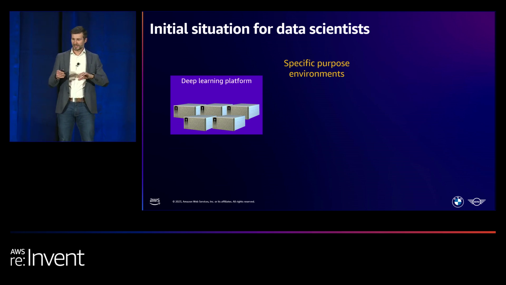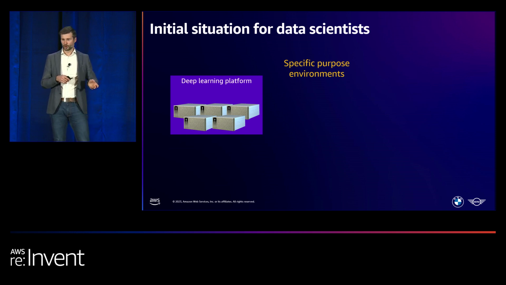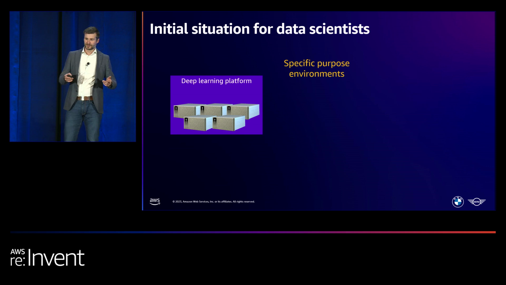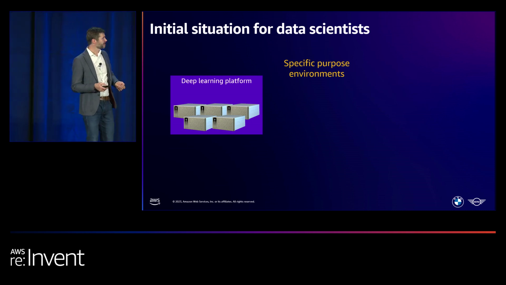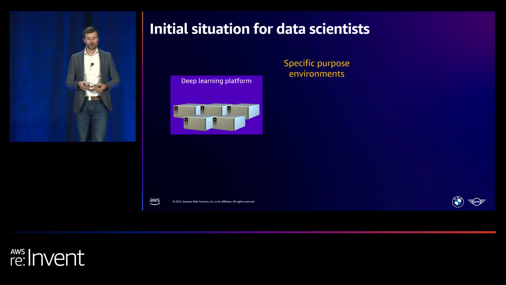And what they mostly did is they took larger pre-existing models and did transfer learning on our data to solve those use cases. And what they needed is sufficient GPU performance, GPU memory in decent amounts. And that's why we ramped up this deep learning platform for them.